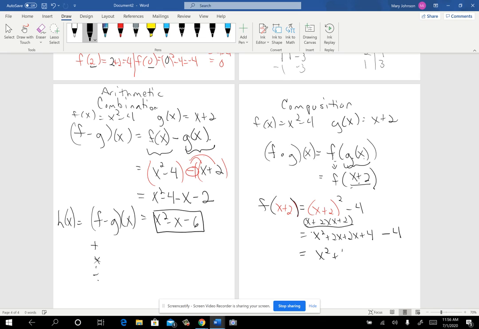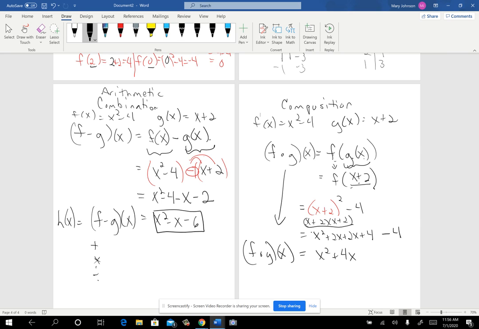And so when I combine my like terms, I just get x squared plus 4x. Okay. All right, so that wound up being right there. Let me erase this part and just continue my equal signs like that. So, you know, that wound up being what f composed with g of x would turn out to be, okay?